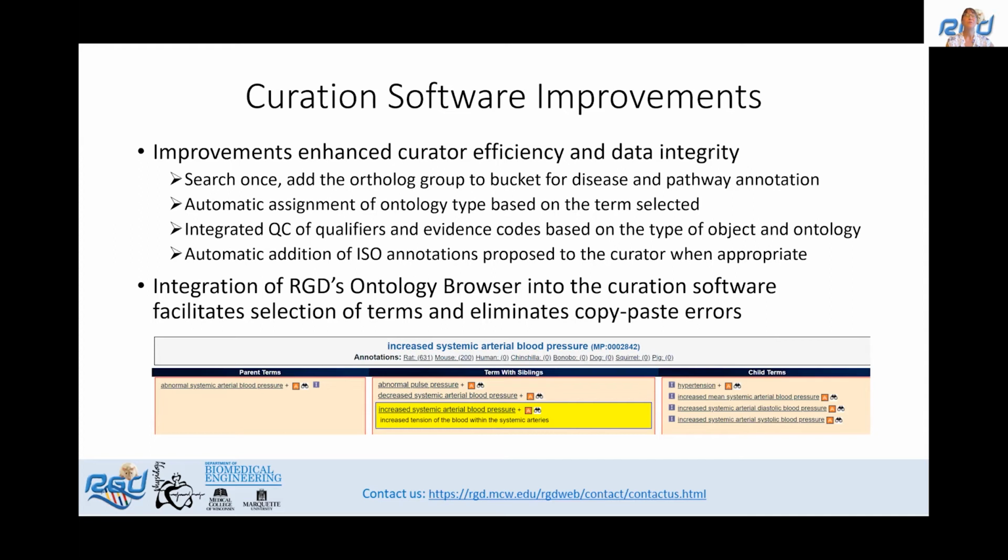Another improvement was to be able to automatically assign an ontology type based upon the term selected, and I'll show you that in a moment. Also, there were integrated QCs, quality control of qualifiers, and evidence codes based on the type of object and ontology that was being selected.